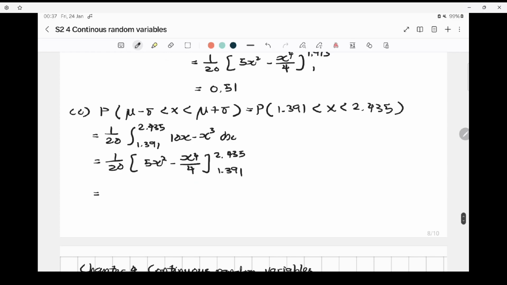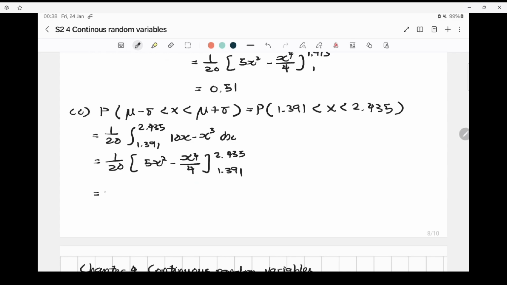So give me a second to calculate. Five times 2.435 squared minus 2.435 to the power 4 divided by 4 minus 5 times 1.391 squared plus 1.391 to the power 4 divided by 4.